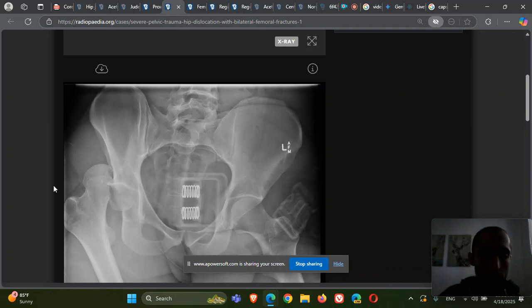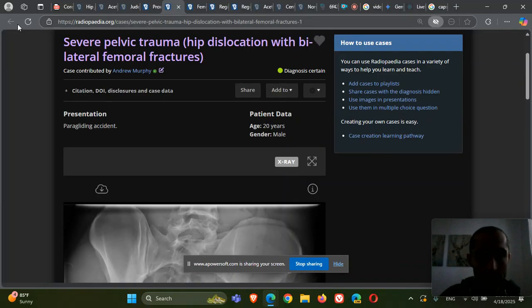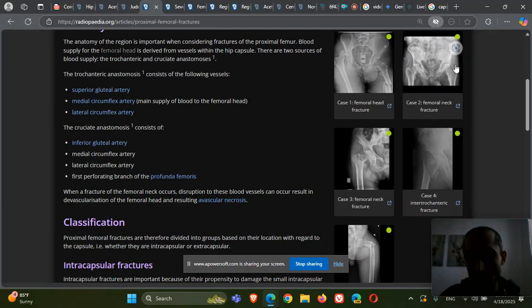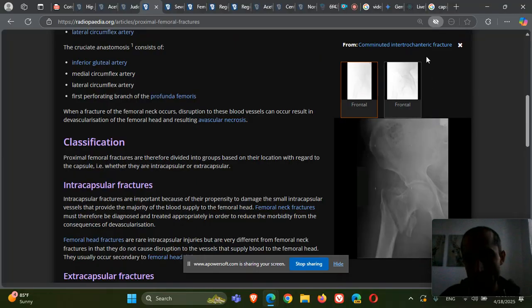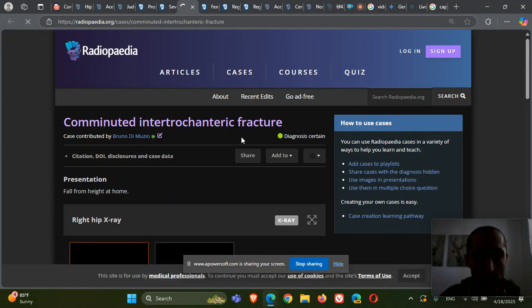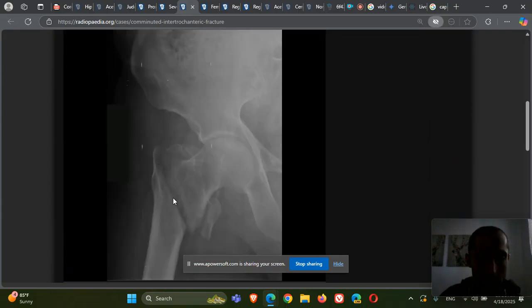You see that it dislocates laterally. There are valgus fractures and varus fractures. It depends on where the femoral head goes. Let's look at another fracture. This is, of course, a fracture of the intertrochanteric area. You see that the lines go throughout the intertrochanteric area.